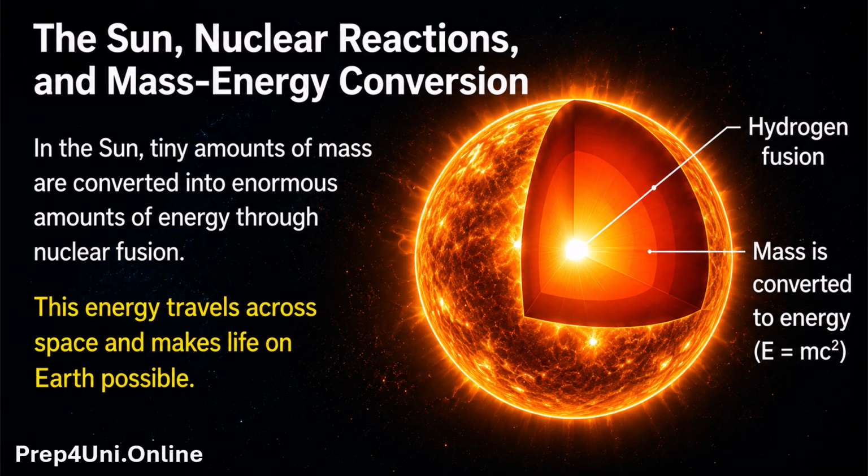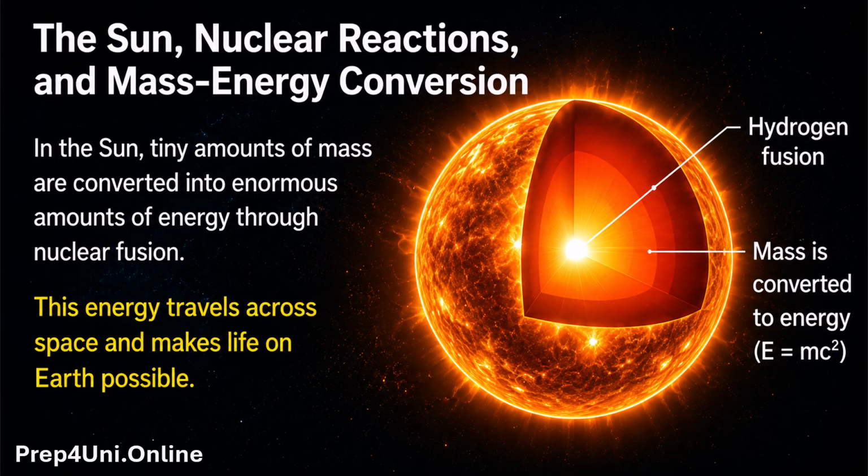The Sun is one of the most important examples of mass-energy conversion. Deep inside the Sun, hydrogen nuclei combine through nuclear fusion. The final products have slightly less mass than the starting particles. That small mass difference is released as energy.